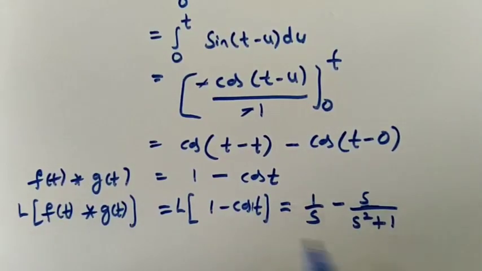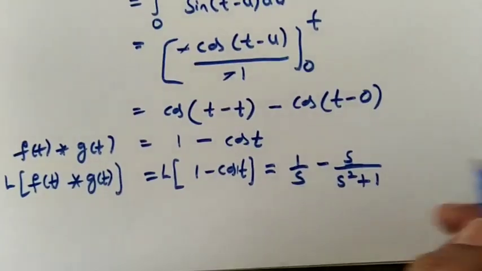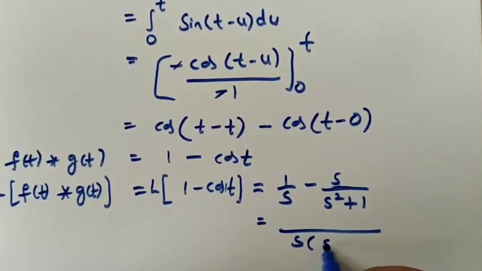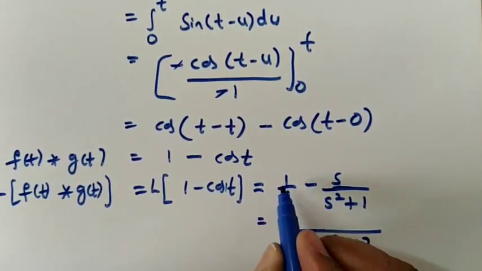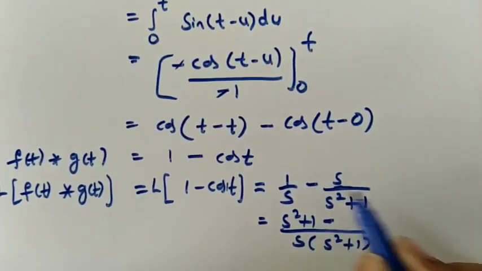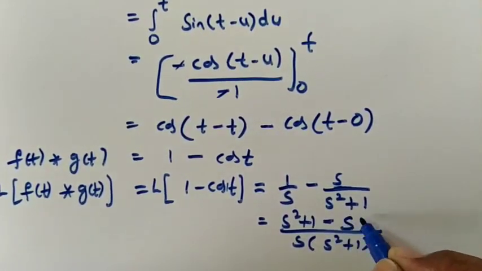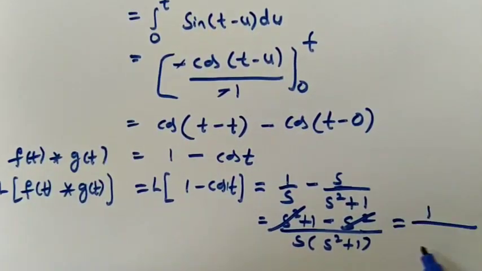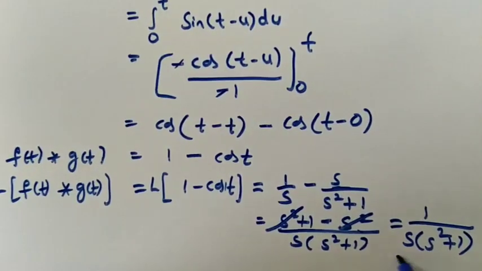K here is 1. Now take LCM, s into s square plus 1. Cross multiply: s square plus 1 into 1 is s square plus 1, minus s into s is s square. So cancel s square, s square. You will get 1 by s into s square plus 1.